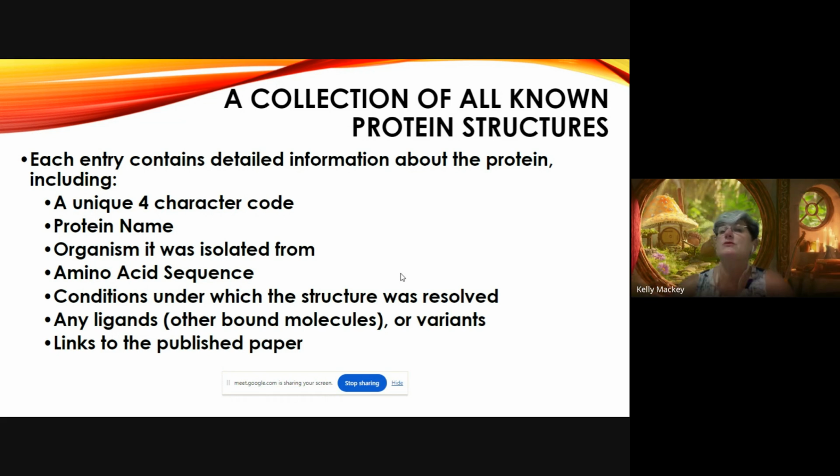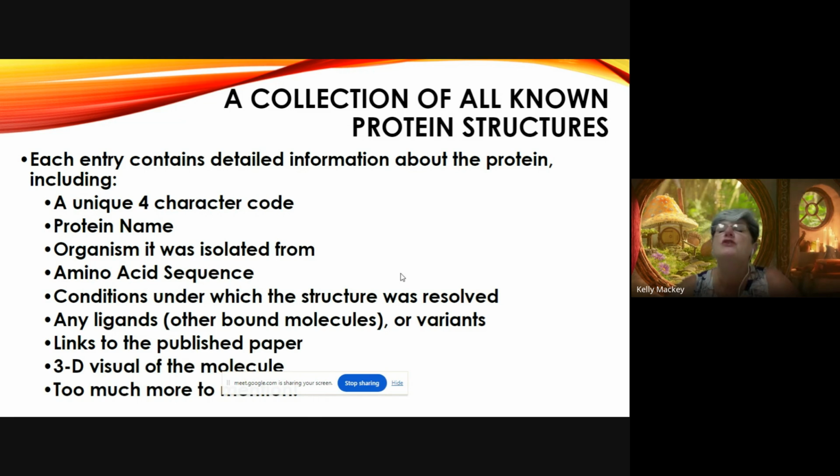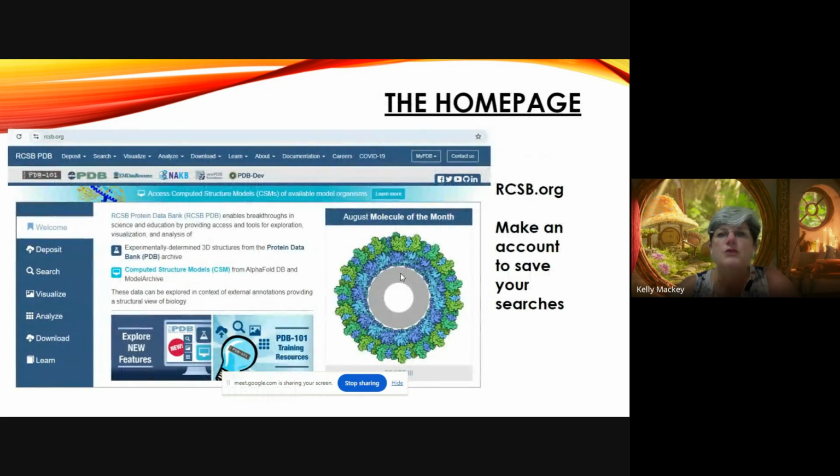That's great, but you have to give some background about why we're bothering to look at it. Why is it important? What role does it play in disease or metabolism? So having that published paper would help you too. And then the 3D visual molecule, which we've seen before too. So many things. All you need to do is Google protein data bank, and this is what comes up.